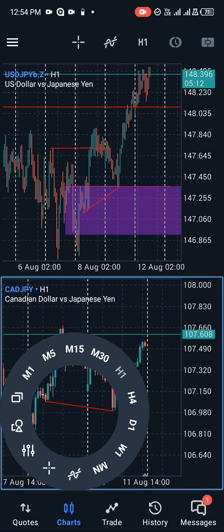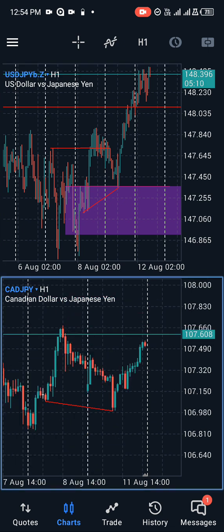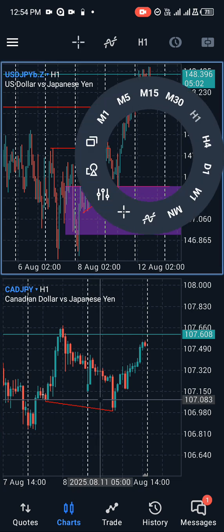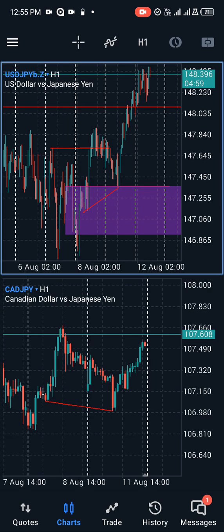So CAD JPY had taken liquidity below this low, whereas USD JPY failed to close below this low.